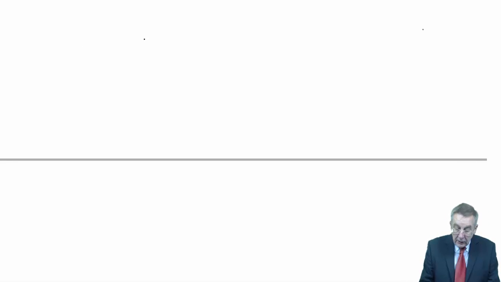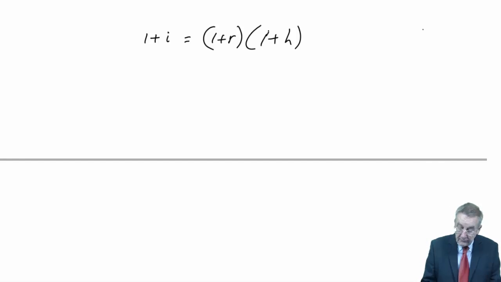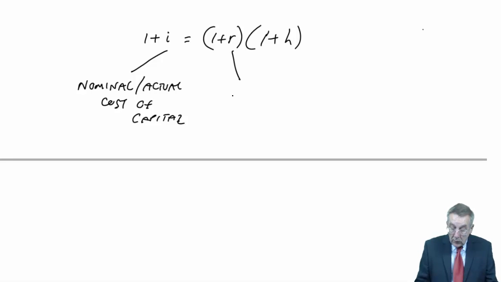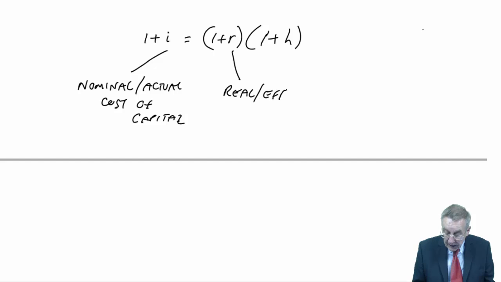You've got a formula there, the Fisher equation, that 1 plus I is 1 plus R times 1 plus H, where I is the nominal or the actual cost of capital, R is what we call the real or effective cost of capital.